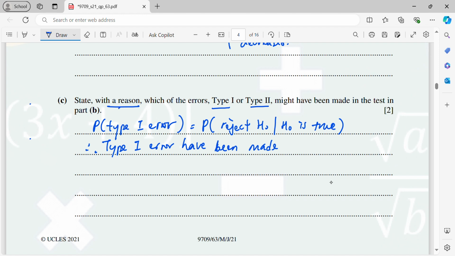For the reason, you just write that H naught was rejected in part B. Right, so done for part C here.